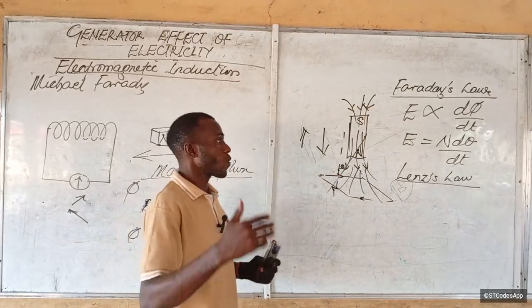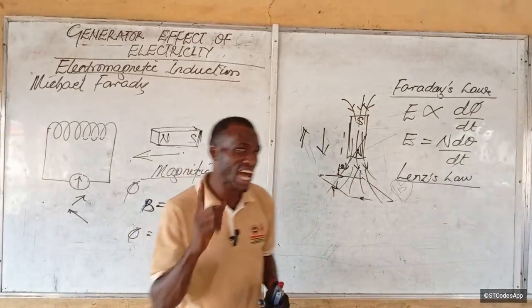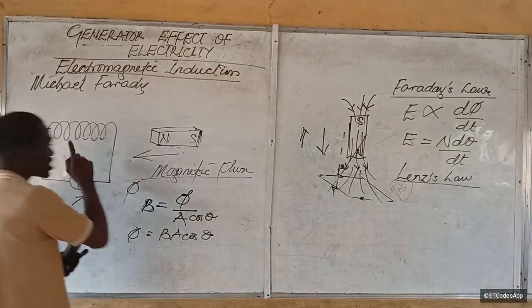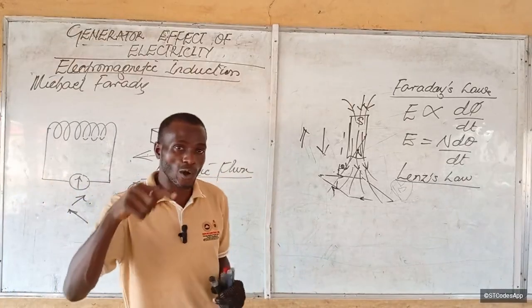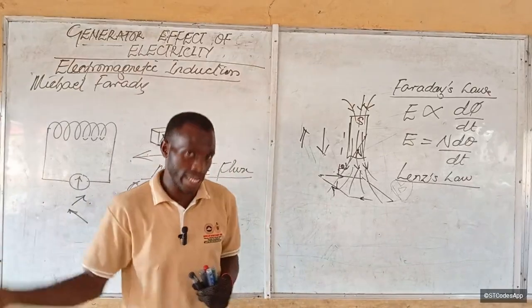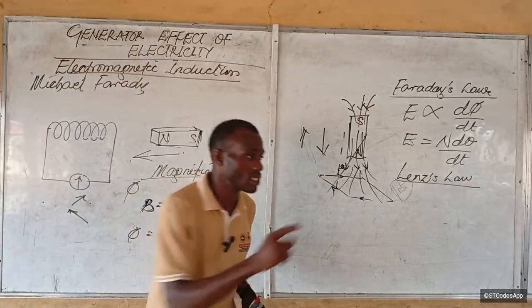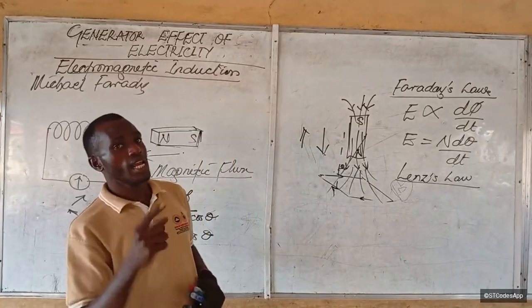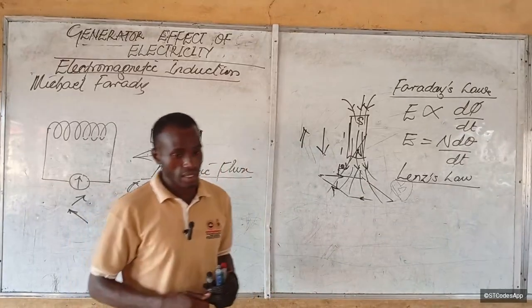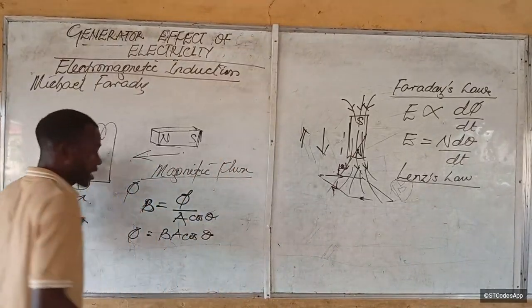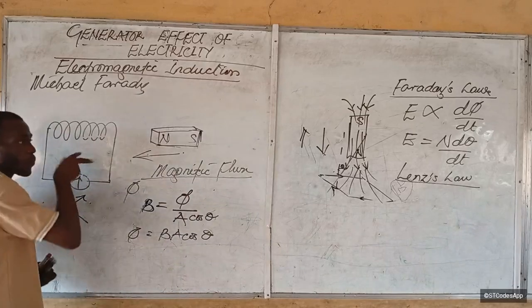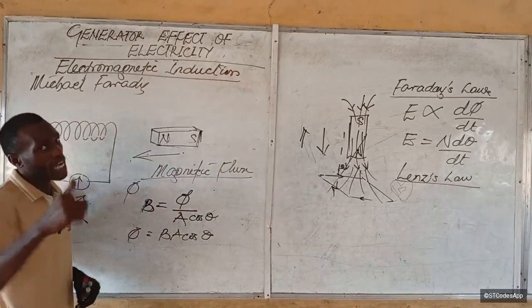And his law was a refining of this law, that the EMF that is induced in this system always flows in a direction that generates a current that opposes the motion that produces it. Let me state that again. The EMF that is induced in this system is going to be such that it opposes the change in magnetic field that produces it.